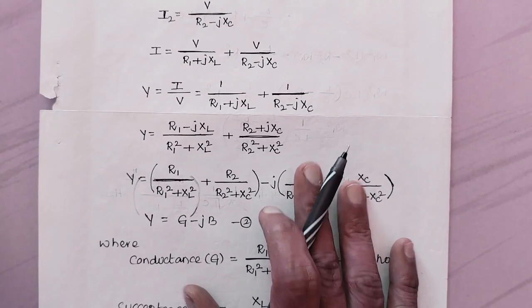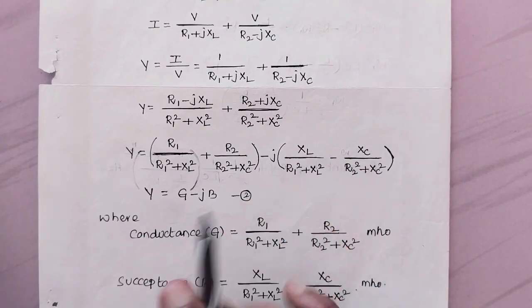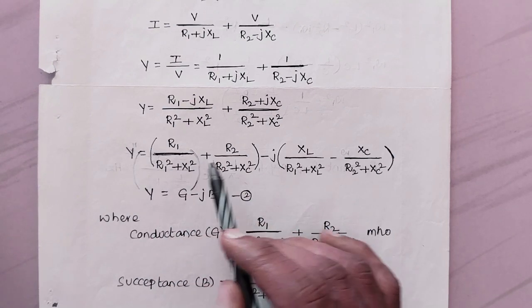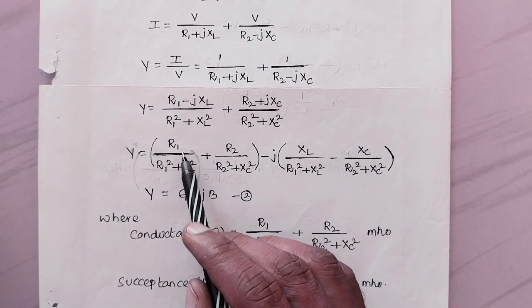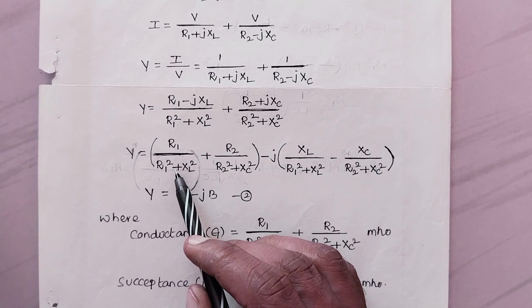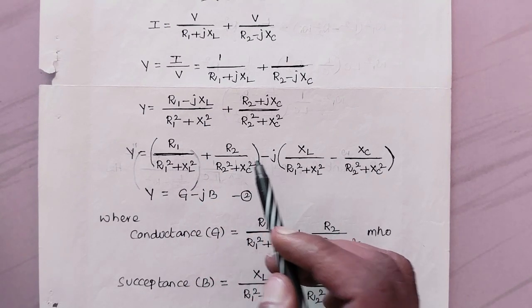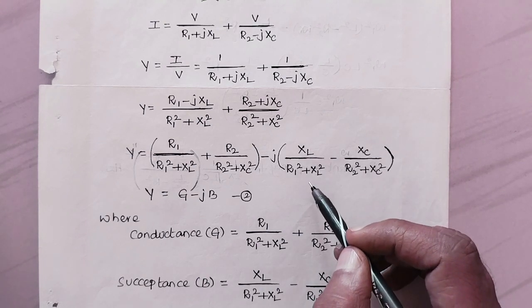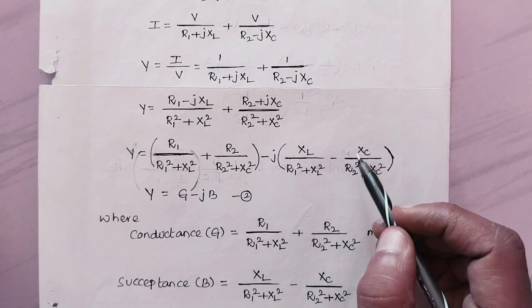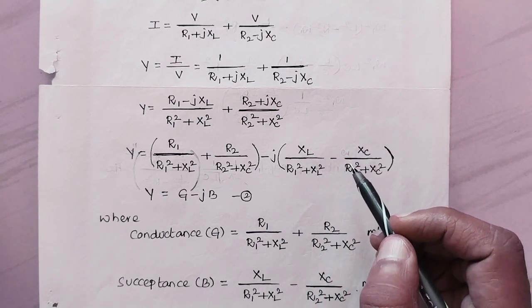If we write all real terms at one place and imaginary terms at one place, Y is in G minus jB form. So Y equals R1 by (R1 square plus XL square) plus R2 by (R2 square plus XC square) minus j times [XL by (R1 square plus XL square) minus XC by (R2 square plus XC square)].